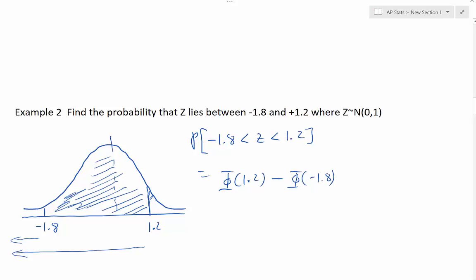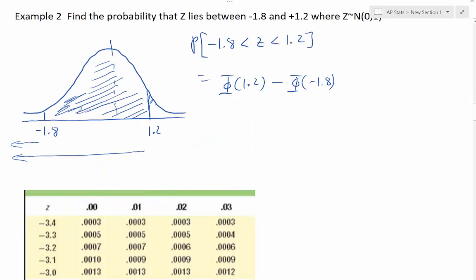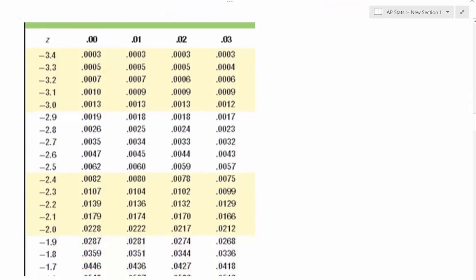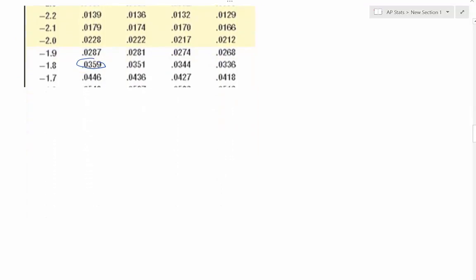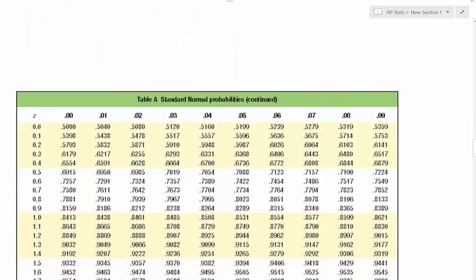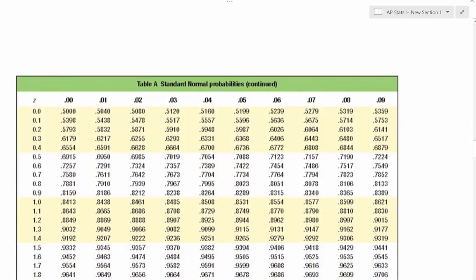So I'm looking for 1.2 and minus 1.8. Well, minus 1.8 is pretty straightforward, 0.0359, and 1.2 is also straightforward, 0.8888.